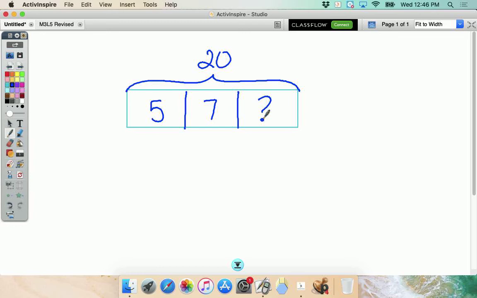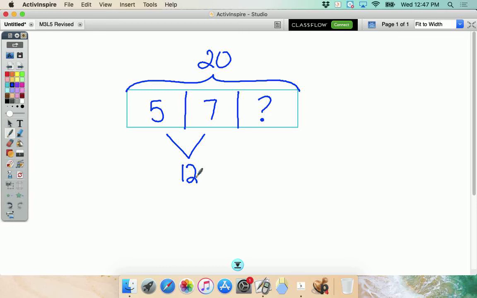Okay, I'm going to pull a stick. Got a lot of thumbs up, so you must know how to do this. Payson, don't tell me the answer yet. Tell me how you figured it out. What did you do first? Well, I added 5 and 7 together. What's that? 12. Okay. So if I add whatever to 12, it would equal 20.